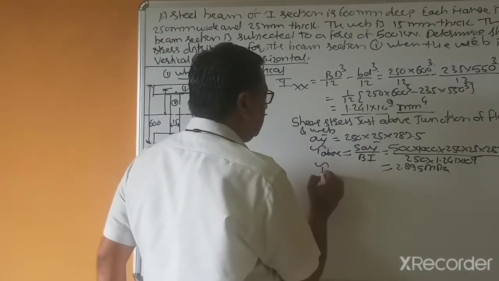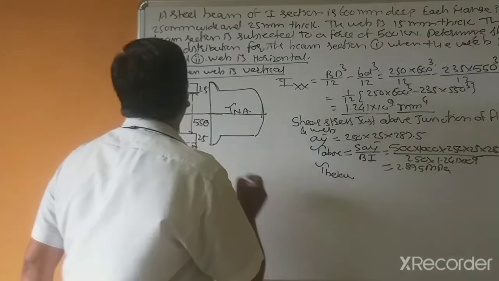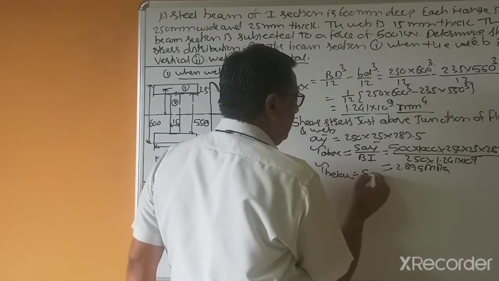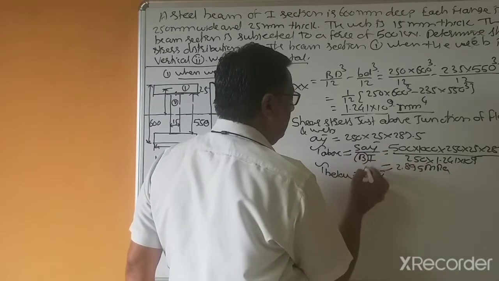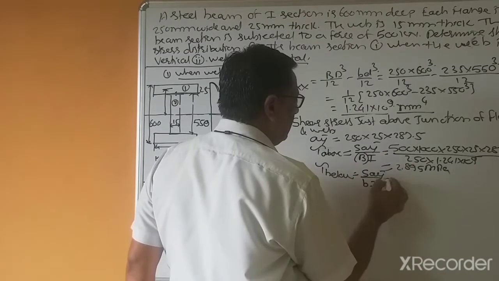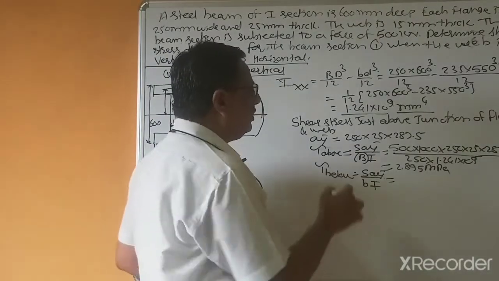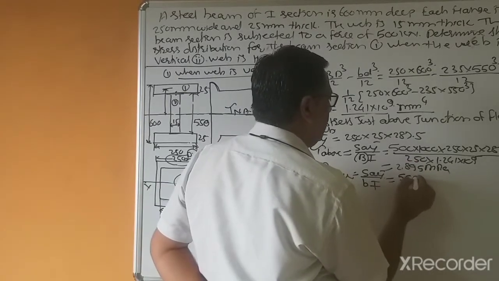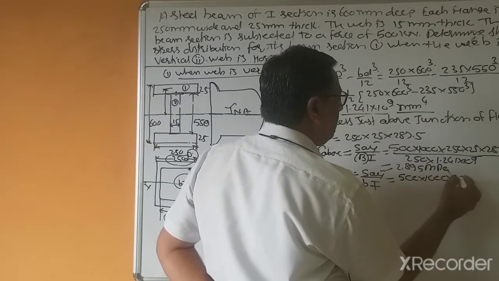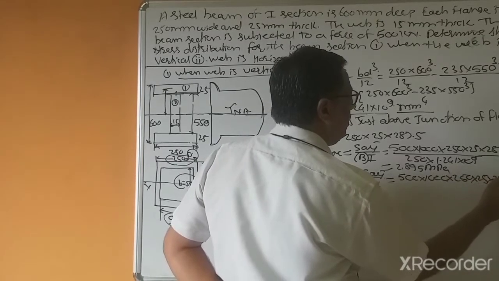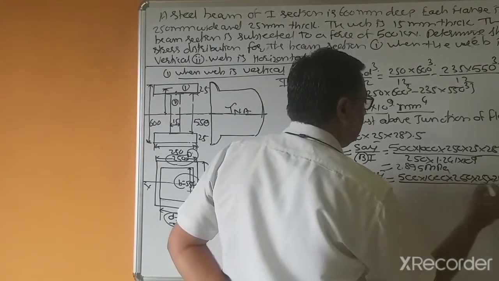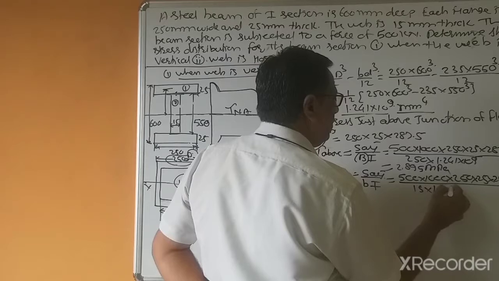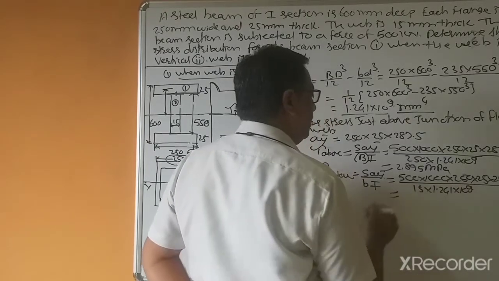Now just below the junction, we use the same formula S A y bar divided by b I, where instead of capital B, this is small b. So that is the only change, the rest of the parameters are the same. So 500 into 1000 multiplied by 250 into 25 into 287.5, and instead of 250, this is 15, with I equal to 1.241 times 10 to the power 9.